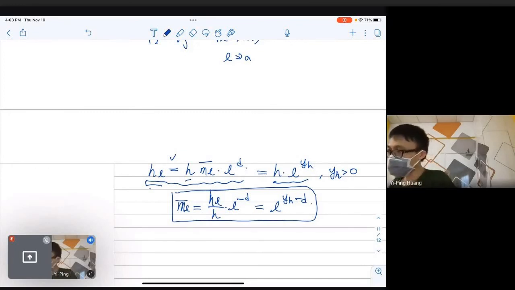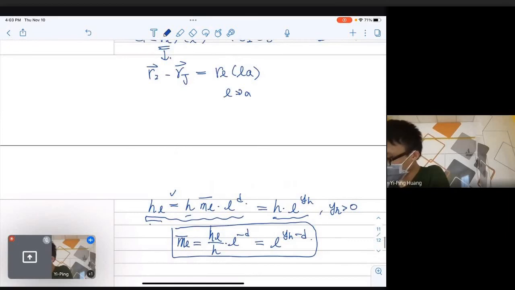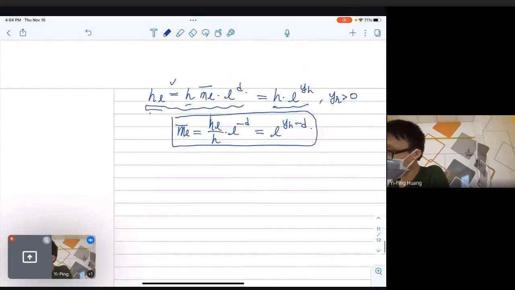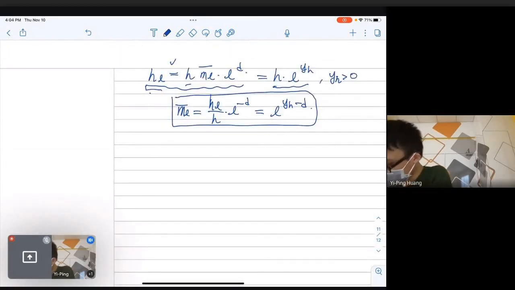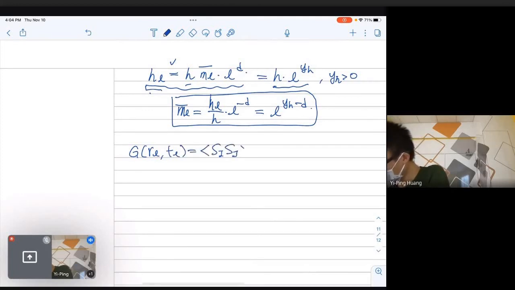Now we can try to look at the Green's function, or the correlation function, again. I'll just write it down again here: basically, Si Sj, subtract Si and Sj.